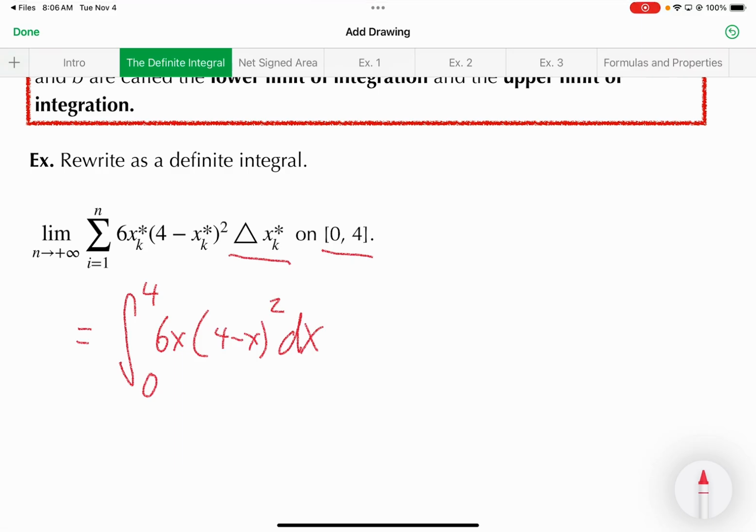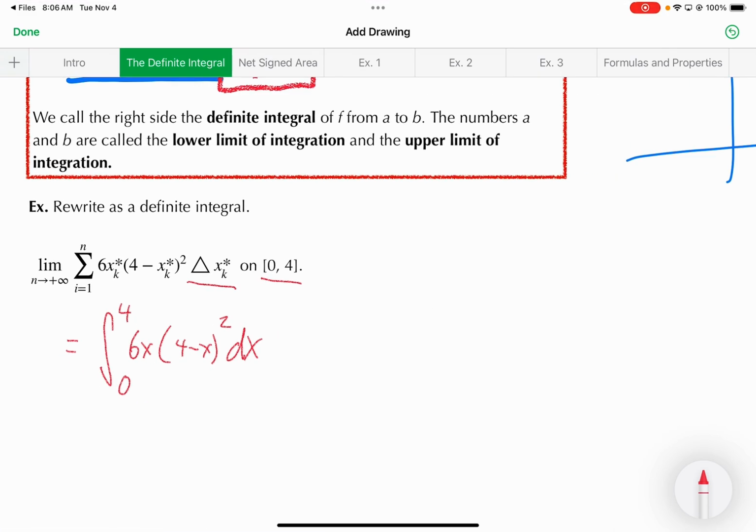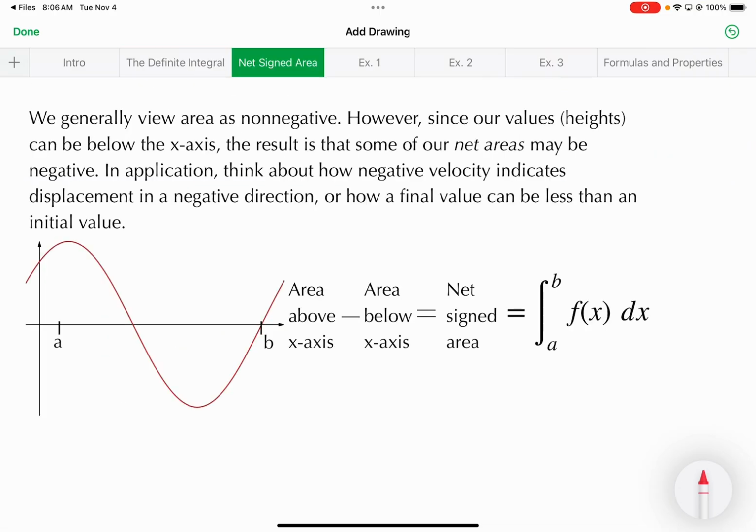So that is what our notation is going to look like going forward. Now again, that still represents the area under the curve between the function that's given and the interval itself, so between that function and the x-axis. Previously, we referred to this as net signed area. We're still going to call it that for now. And in the past, like in other math classes, you've always thought about area as being non-negative.